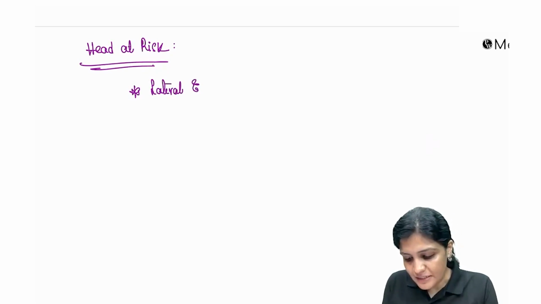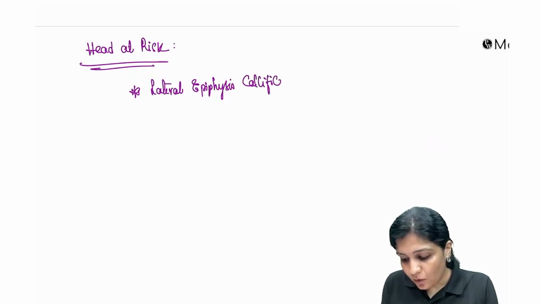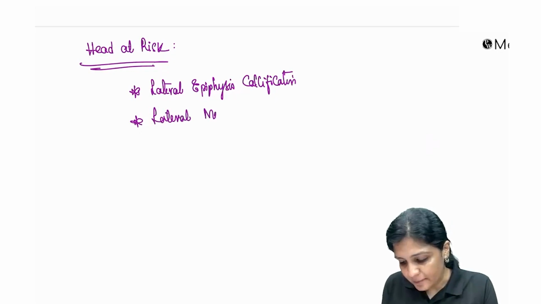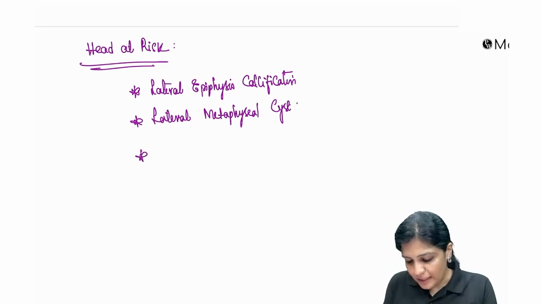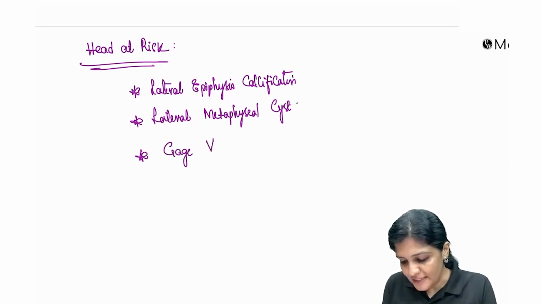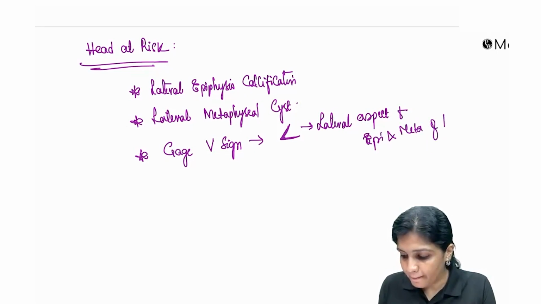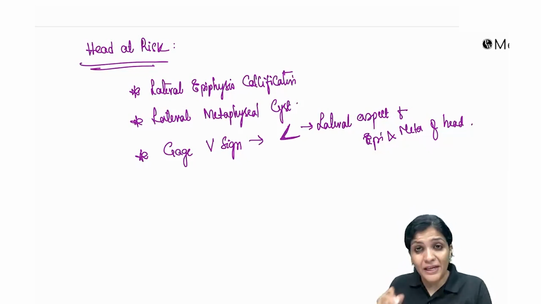So if there is a lateral epiphyseal calcification, or a lateral metaphyseal cyst, also some cyst present in the metaphysis, or there is a Gage or V sign, that means it is in the shape of a V like this on the lateral aspect of the epiphysis and the metaphysis of the head. So this is the Gage or V sign, which you have to be very, very sure about, right?